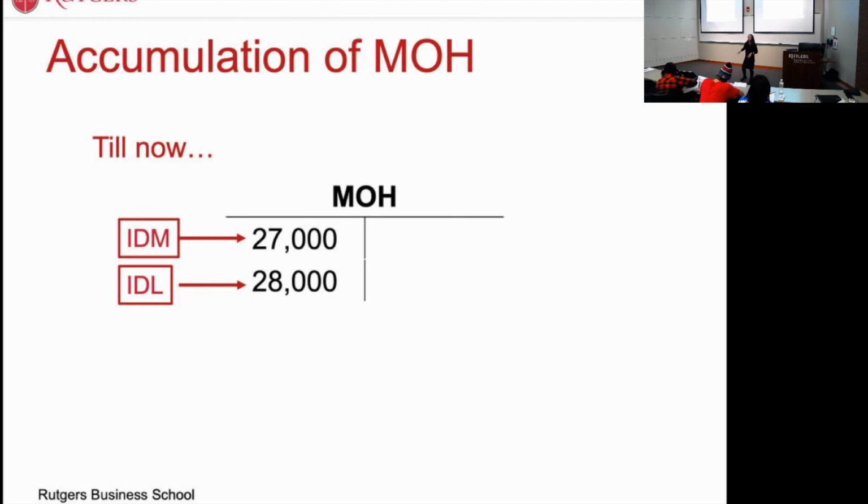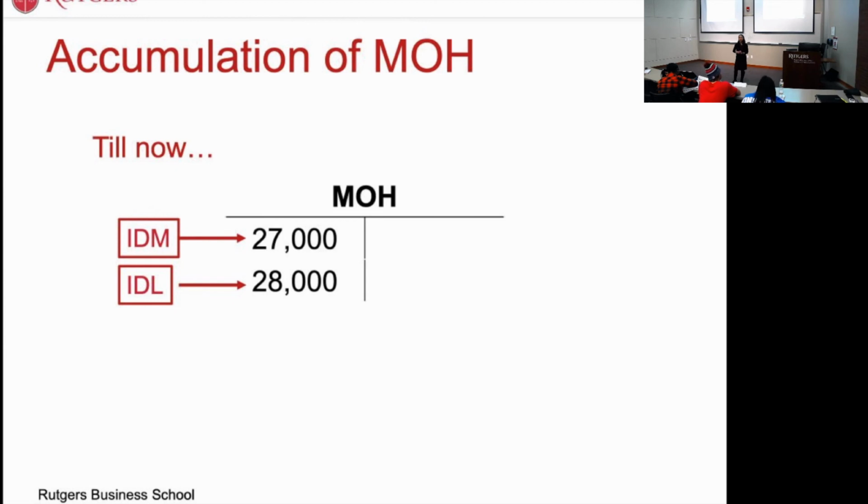So if you still remember, we discussed three types of transactions, right? We reviewed the purchase of materials, the use of materials, and the use of labor.